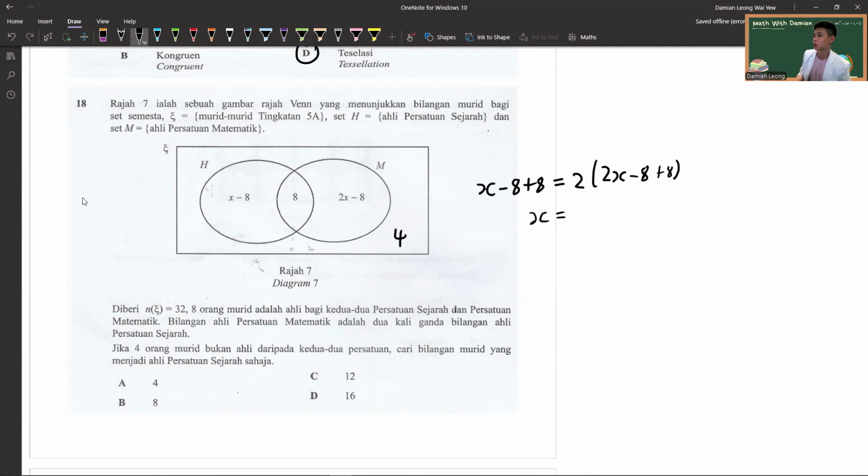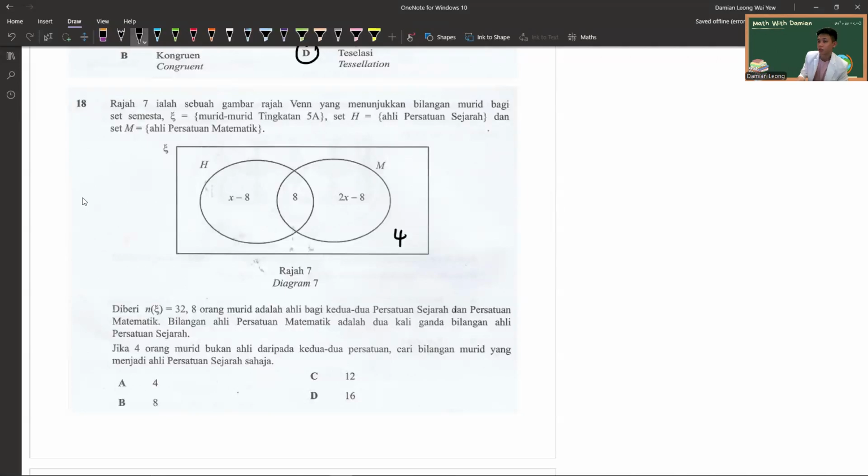Oh sorry, my bad, it's the other way. 2 times of this is 2x minus 8, which I will actually just get 2x equals 2x now. So I won't be able to find it using this information.